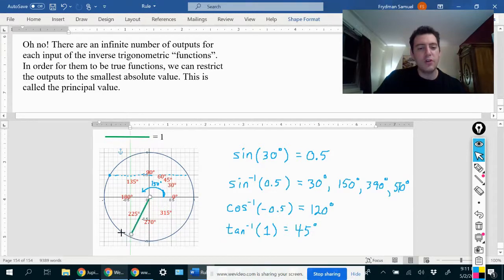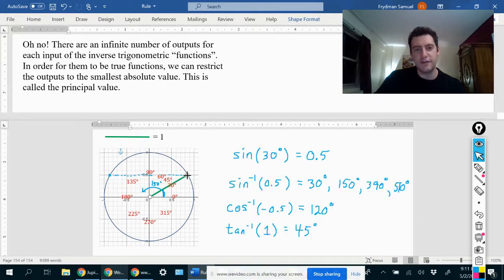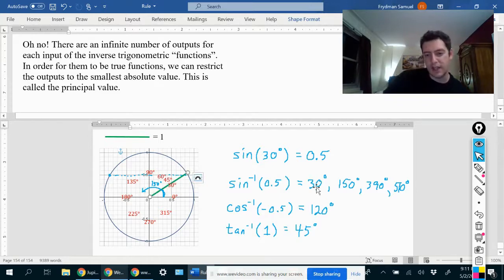So I could go backwards like this, clockwise, and then I would be finding a whole bunch of negative angles whose sine is 0.5. Okay? So not only do we have an infinite number in the positive direction, we would also have an infinite number in the negative direction. So these inverse functions are very far from being actual functions.